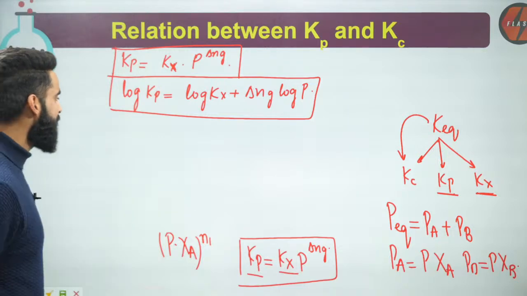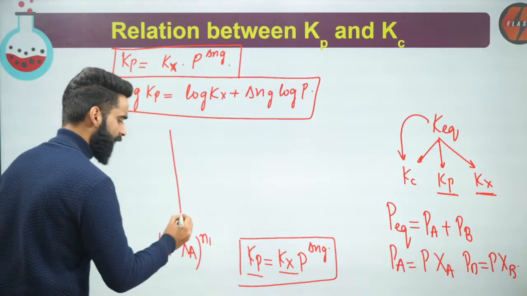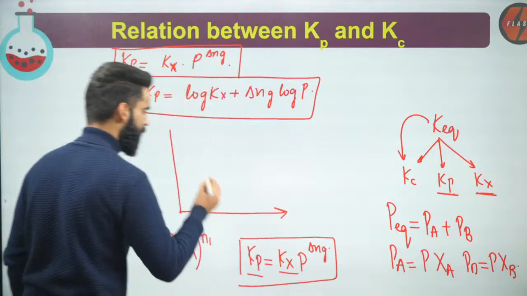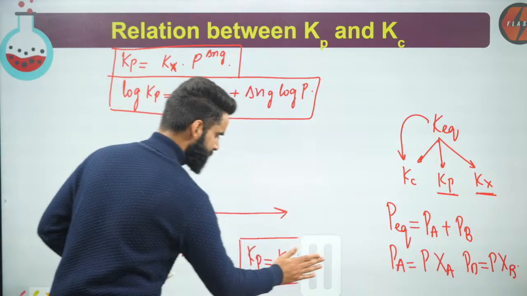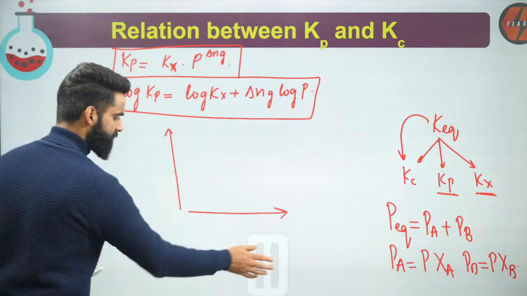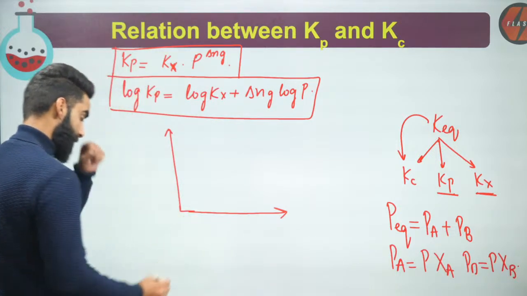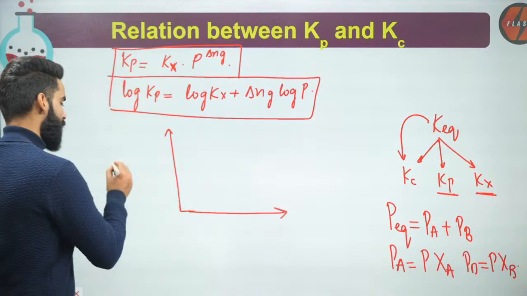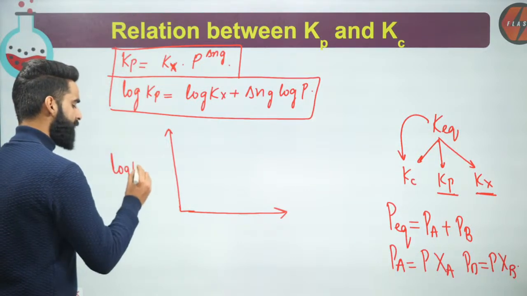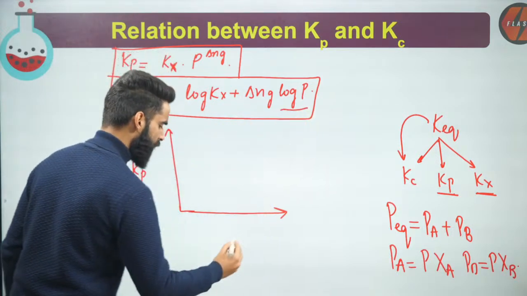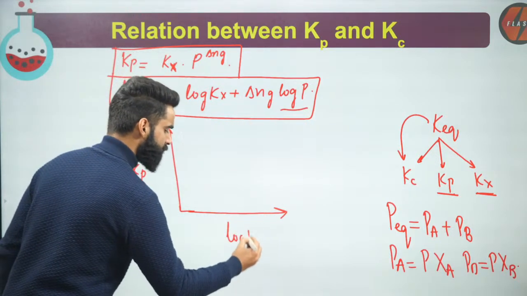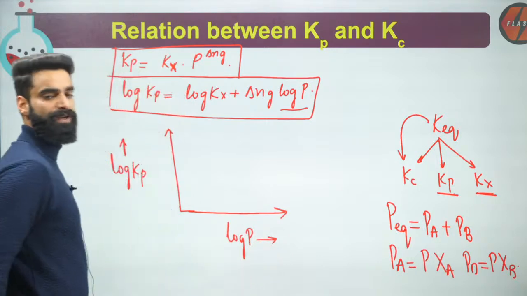Okay, now people, at the same time, if I want to plot a curve, you guys are going to tell me what the curve will look like. Let me erase this part first. If I want you guys to plot a curve between log of Kp versus log of P, where P is the total pressure of the equilibrium mixture.